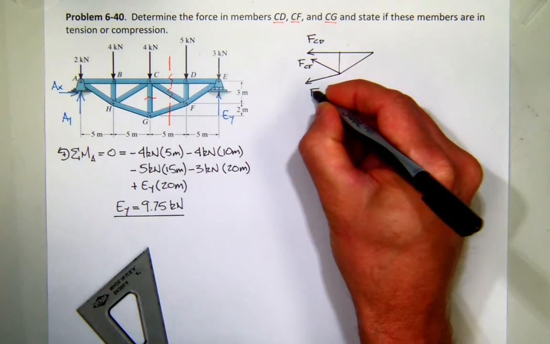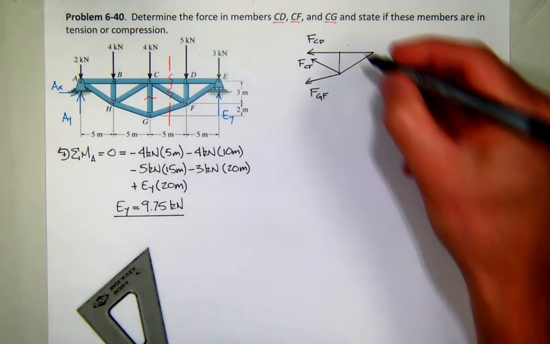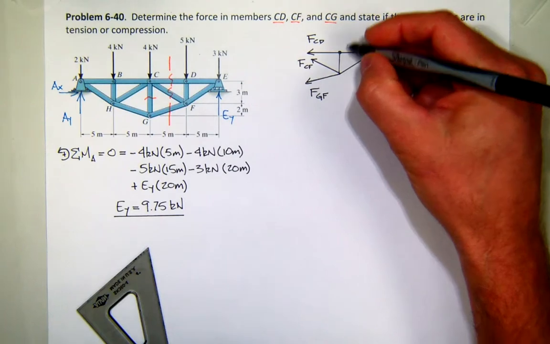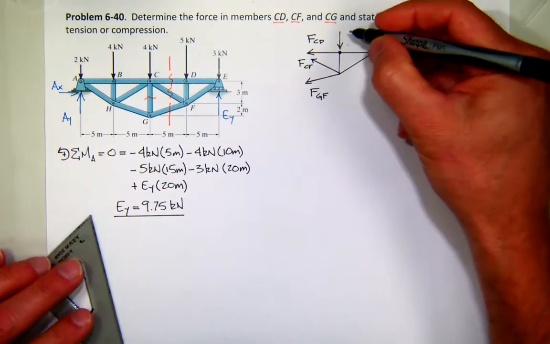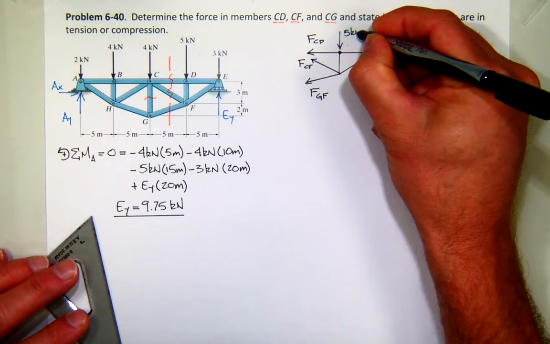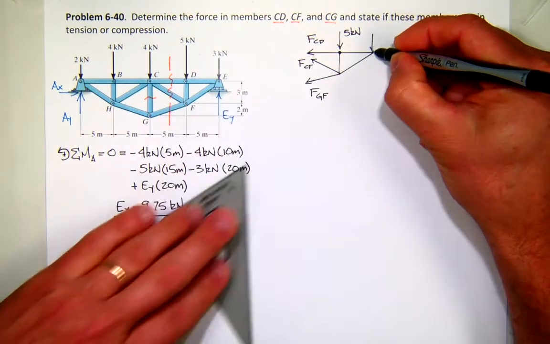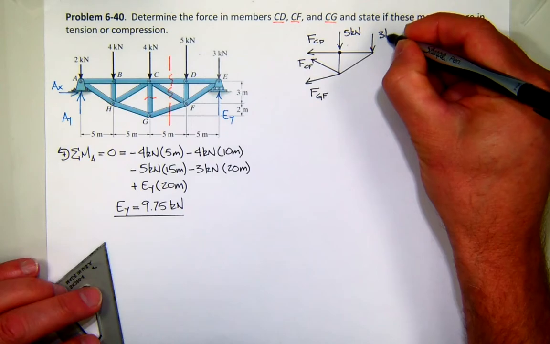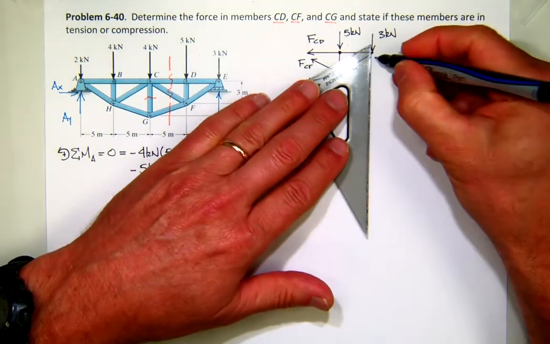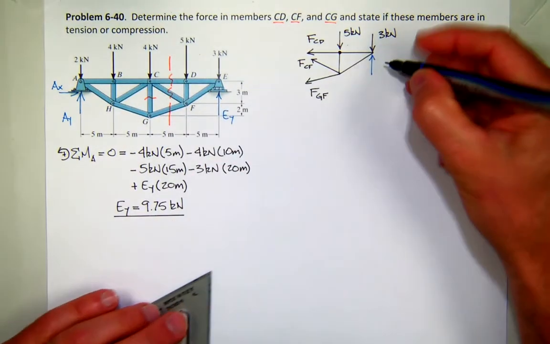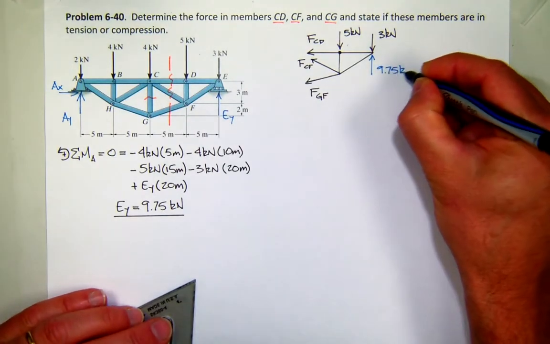And this would be my force in GF, something I don't really need right now. And then acting at D, I have a 5 kilonewton force. And then acting at E, I have a 3 kilonewton force. And then my reaction, which I've just solved for, which is 9.75.